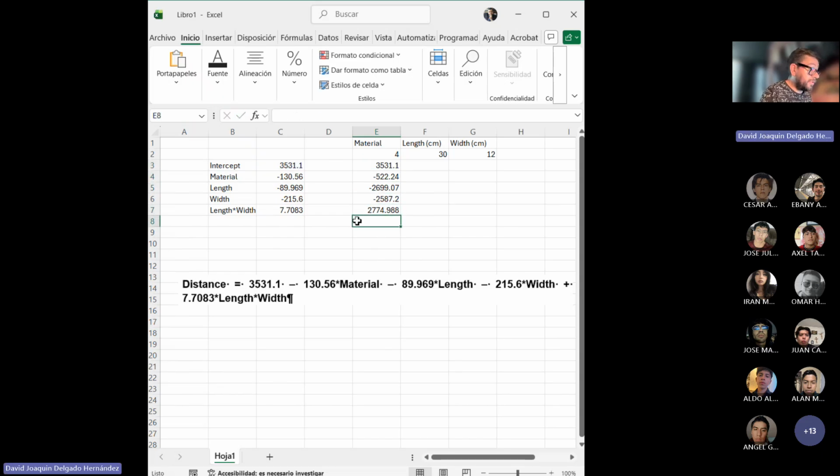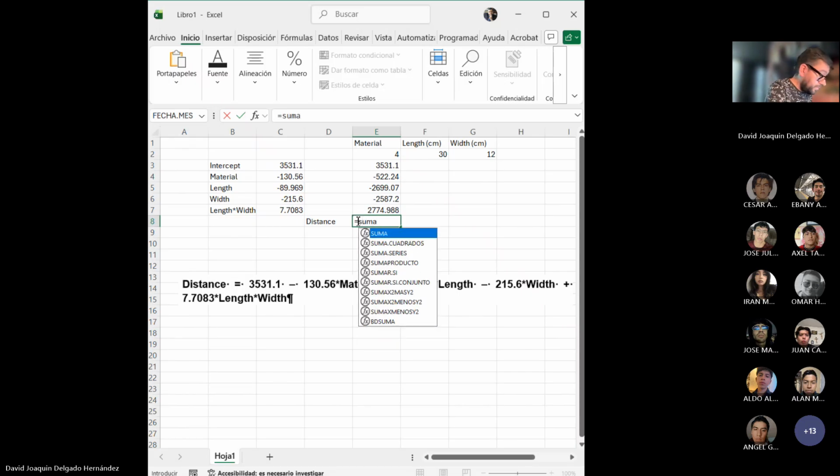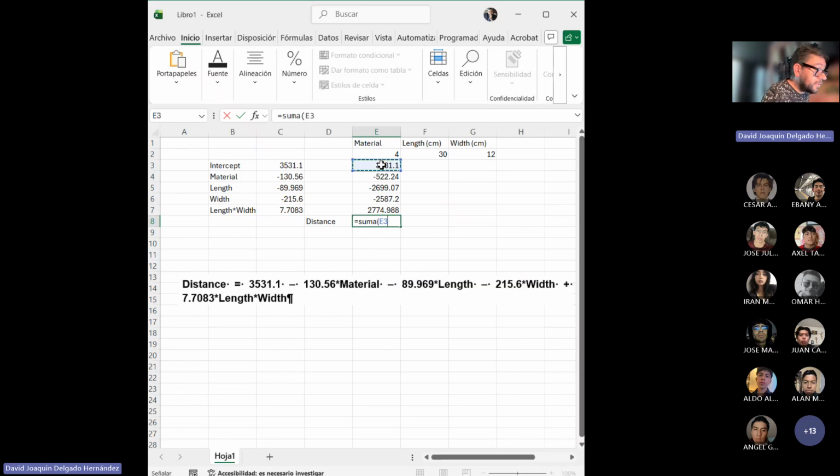And here is going to calculate the distance. So the distance is the sum of these quantities, okay? So close the parentheses. The predicted distance with this model for this airplane, which is 4, 30, and 12, is 497 centimeters, okay? Let us check.